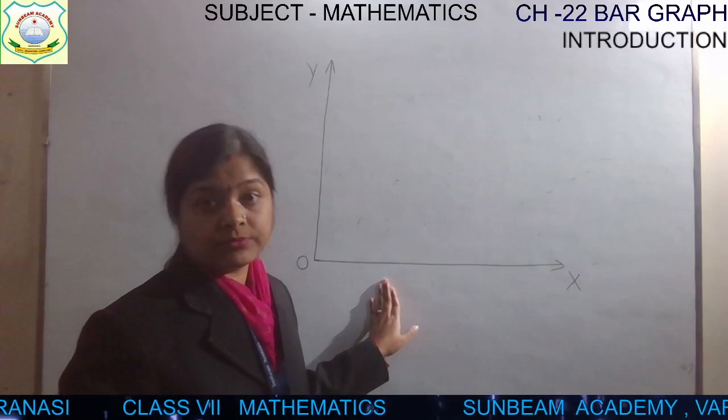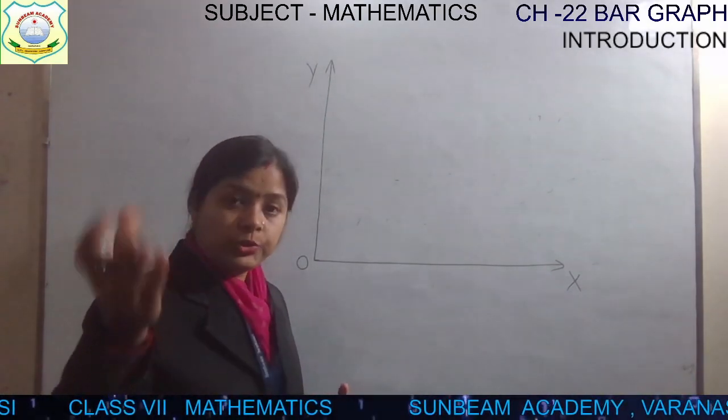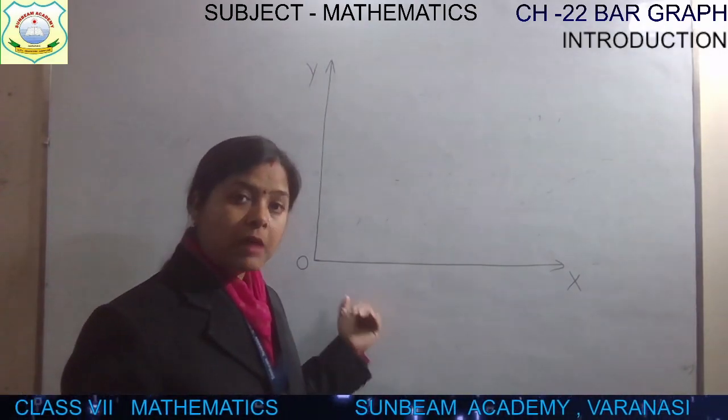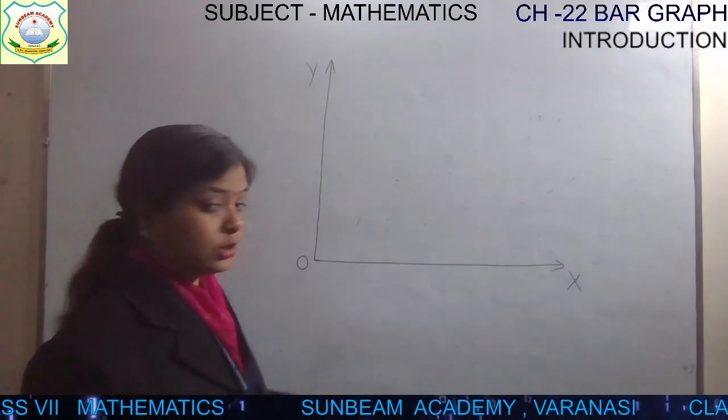What did we used to write? We used to write the category, like marks obtained by you in UT2. I am plotting the graph on the basis of marks obtained by you in your UT2 exam.